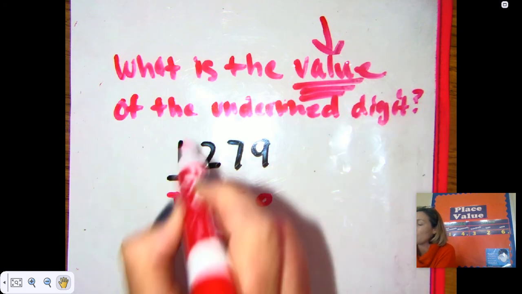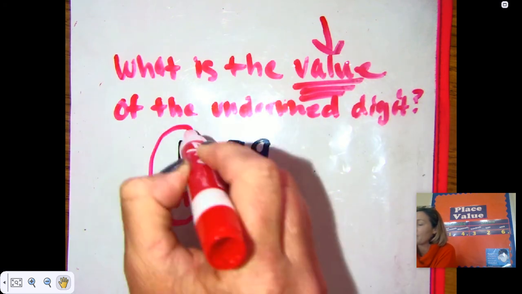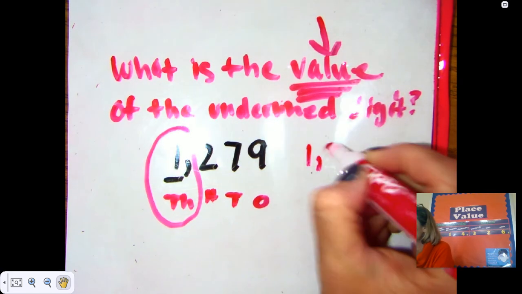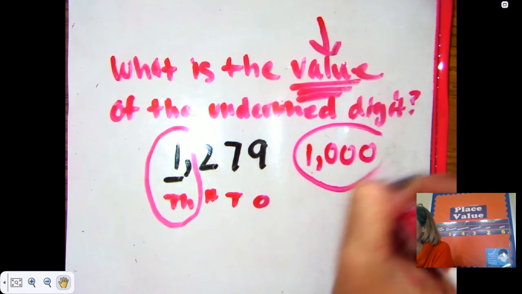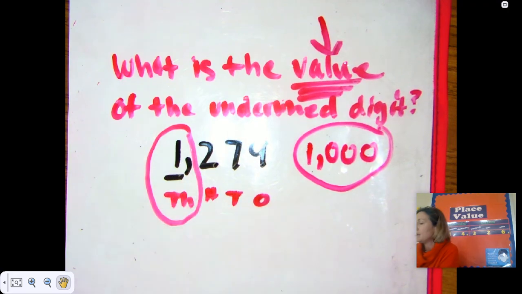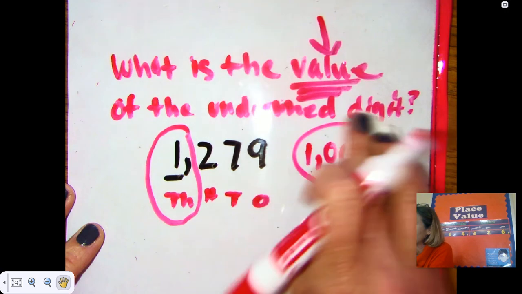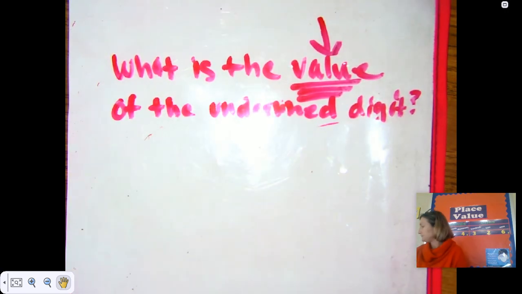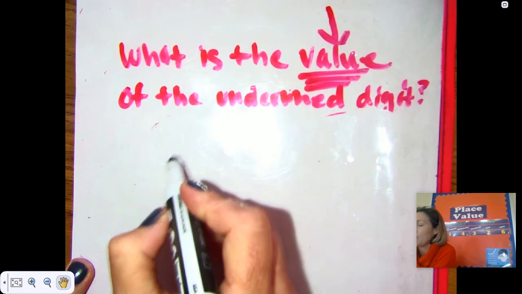How much is it worth if I gave you a $1,000 bill? 1,000. So the 1, the underlined digit, is worth 1,000 because there is 1 in the thousands spot. Okay, let's do one more.